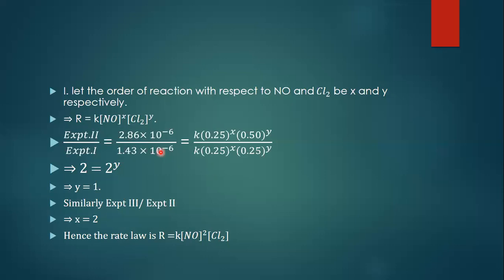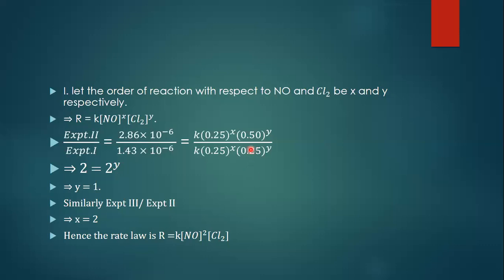Because this will also cancel out, and then you'll be left with eventually 286 divided by 143 will give you 2. Then equally the k's will cancel out, 0.25 to the x will also cancel out. So you'll be left with 0.50 to the power y divided by 0.25 to the power y.